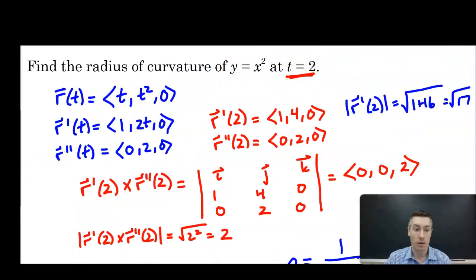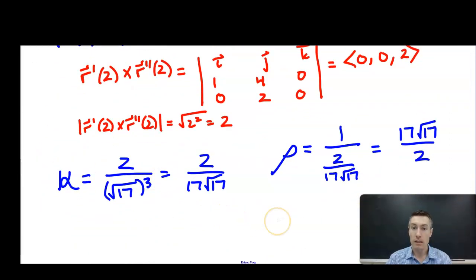Okay, so computing curvature, very much reliant on being able to take a cross product and find the magnitude of vectors. We looked at a few where we defined the curvature function in terms of t, and we'd be able to use that function to evaluate the curvature at any point on the curve. Then we looked at an example where they asked for a specific curvature.